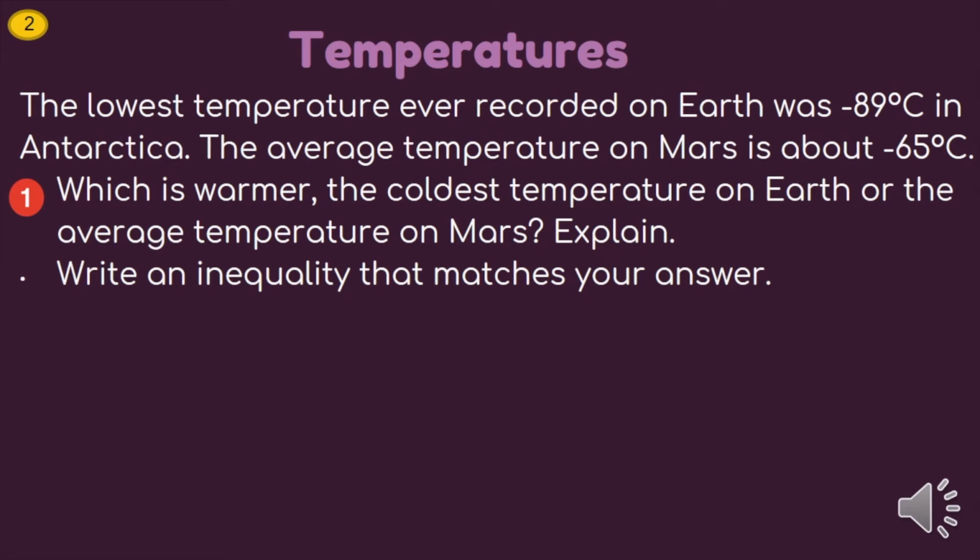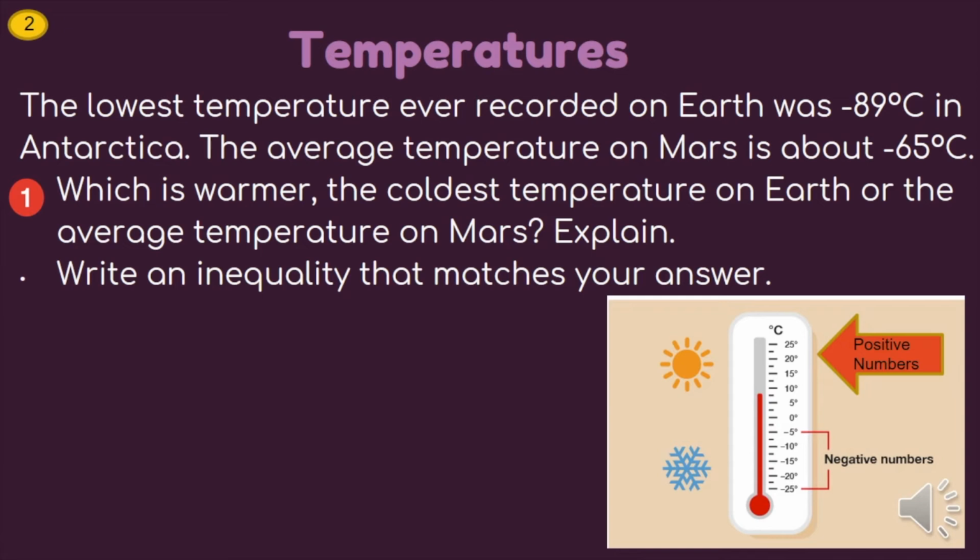Well, thinking about negative numbers, I know that the number that will be closest to 0 on a number line is the largest. And if I relate this to temperatures on a thermometer, the negative temperature that is closest to 0 will be the warmer temperature. Remember, a thermometer is an example of a vertical number line.